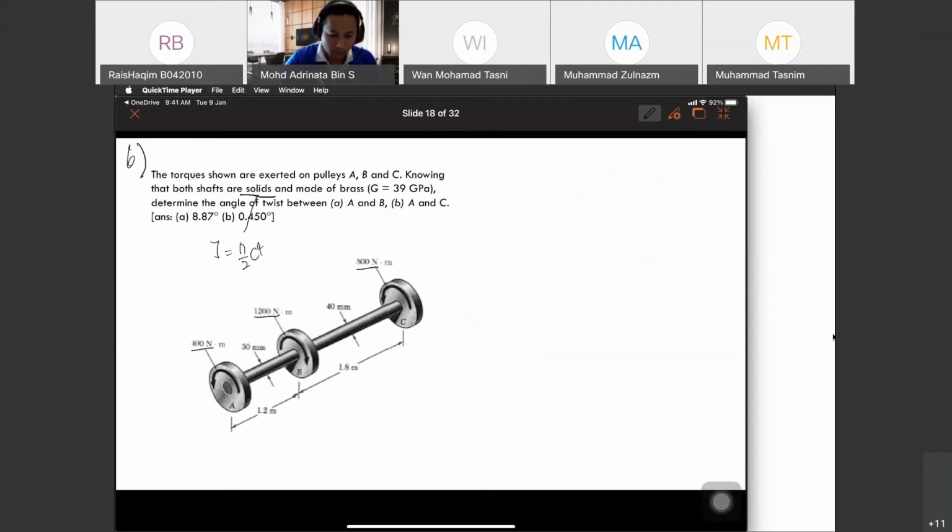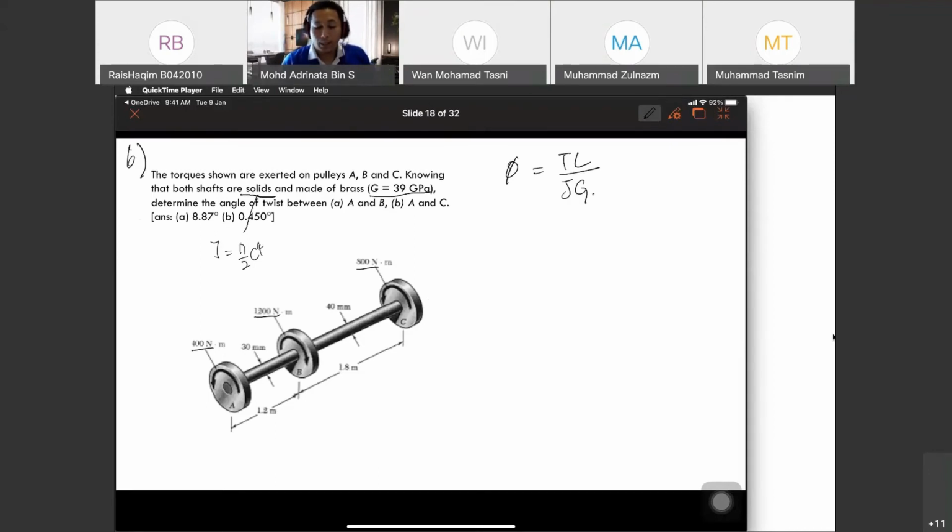Determine the angle of twist between A and B, and A and C.